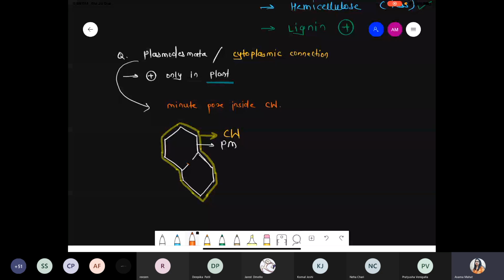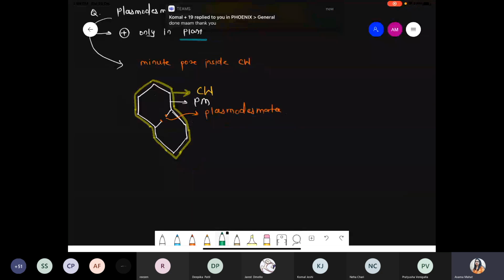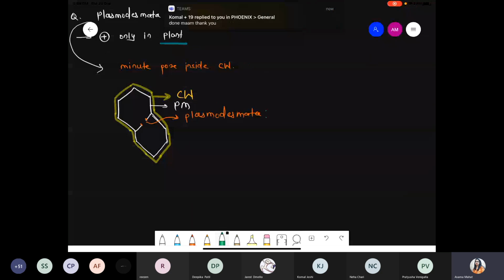That minute pore is called the plasmodesmata. So if it is a simple question, plasmodesmata is also called the cytoplasmic connection, because they can connect the cytoplasm of two cells with each other.